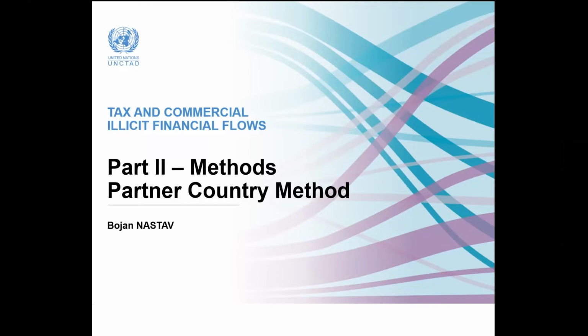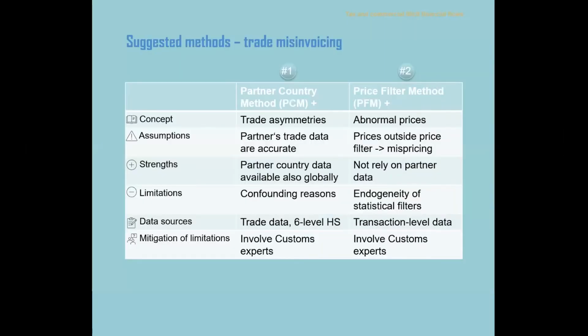And then use the price filter method, which is a more detailed method, to go into those specific areas and produce more accurate or more reliable estimates. Okay, so those are the two methods that we said we will be covering.